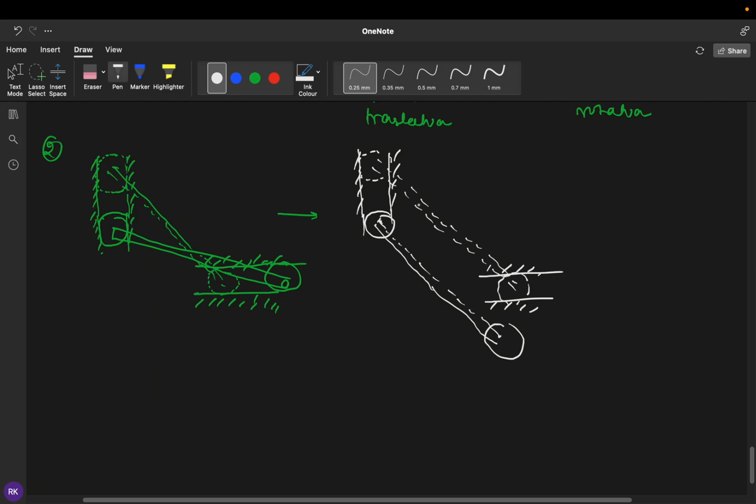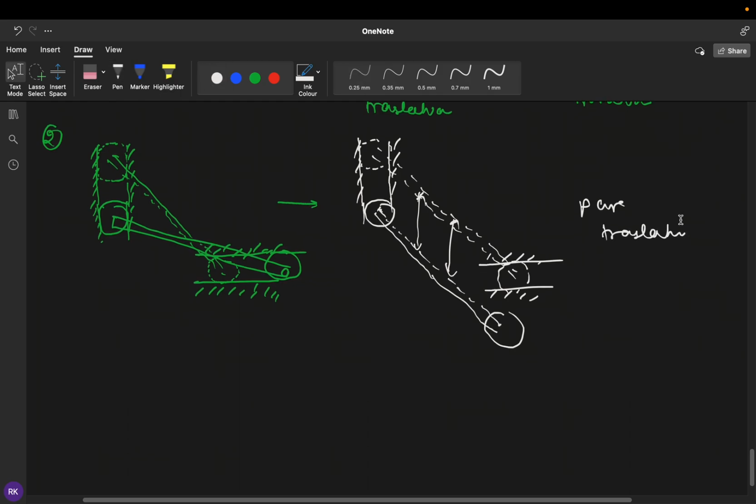For each and every point the changed distances are the same. If you draw any straight line, the orientation is the same. So this is pure translation.